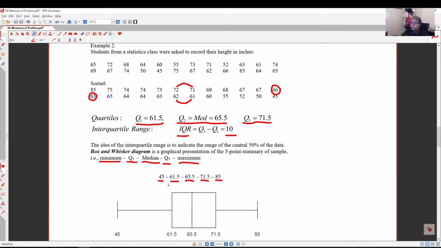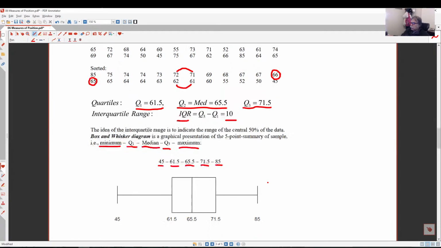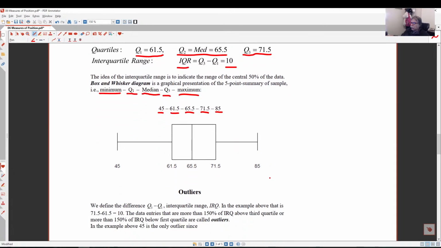We will call this the 5-point summary. You can put a comma in between if you're not comfortable with dashes, but these 5 numbers are called the 5-point summary. We can use them to make a box and whisker diagram, also often called, colloquially, a box plot.